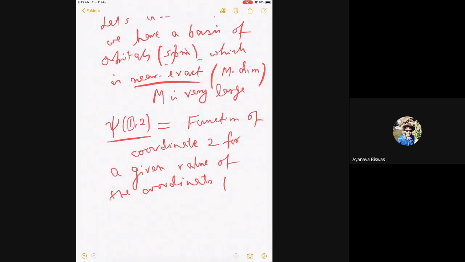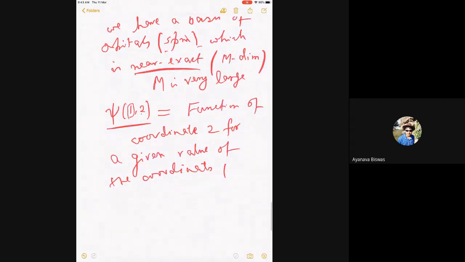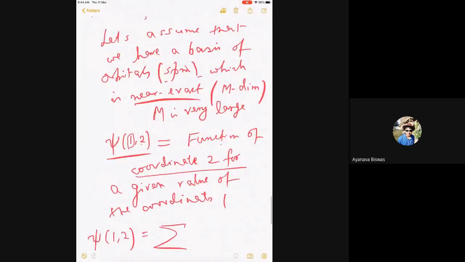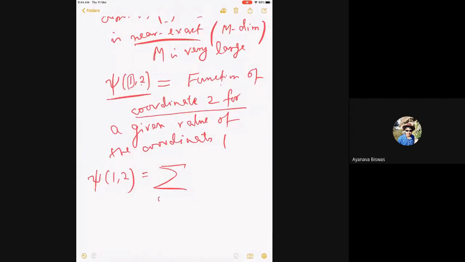I'm just looking at it as spin coordinate as well as space coordinate, both change. So I'm looking at it as a function where only this coordinate 2 is changing and coordinate 1 is fixed. In which case, I can use the mathematics and say that I can expand this as a complete set, and this M is a near exact or complete set.